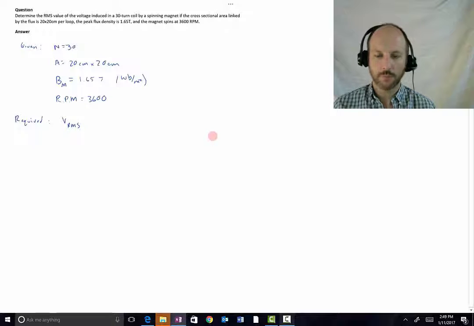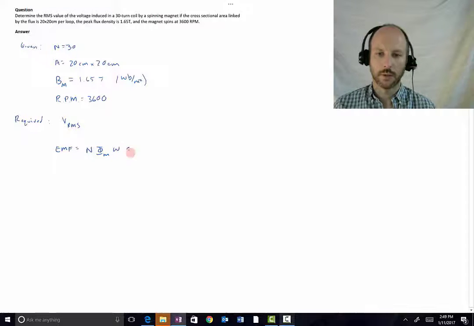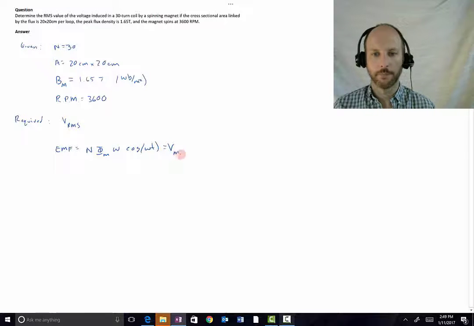So in the chapter we derived an equation for the sinusoidal voltage that is induced in a coil of wire by a magnet that spins inside of a circle. And that formula was that the induced EMF is the number of turns times the peak magnetic flux times the angular rate of rotation times the cosine of angular rate of rotation times time.